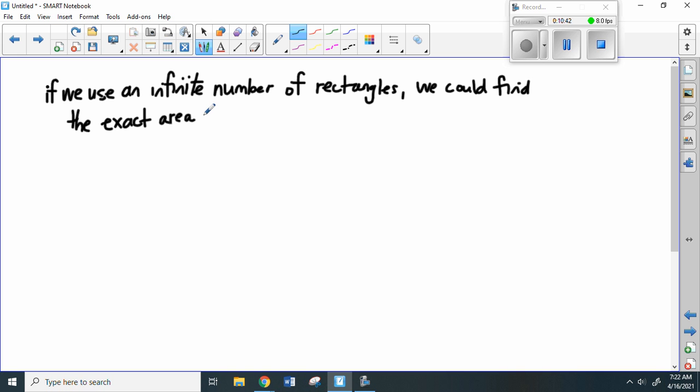All right, so how could I show that I want to find the sum of an infinite amount of rectangles? This is how I could do it. I could take the limit as the number of rectangles goes to infinity of my sum that we just talked about.